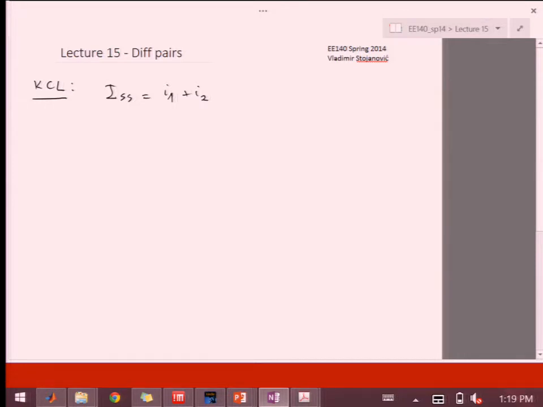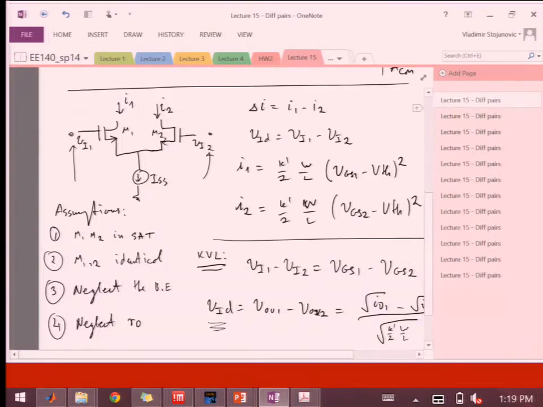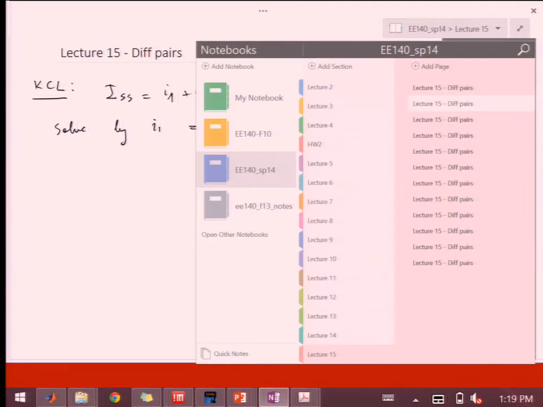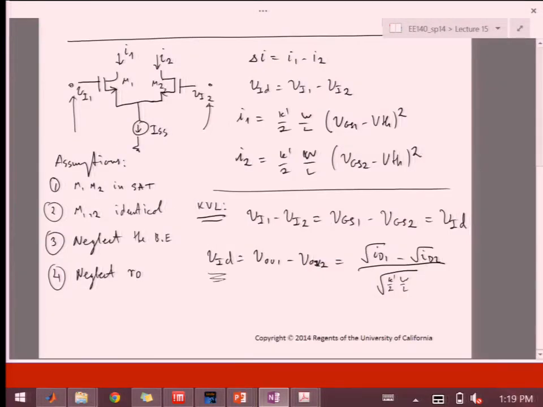If I go and solve by I1, what I'm really getting here is that I2 is ISS minus I1. I can take that and plug it in here.